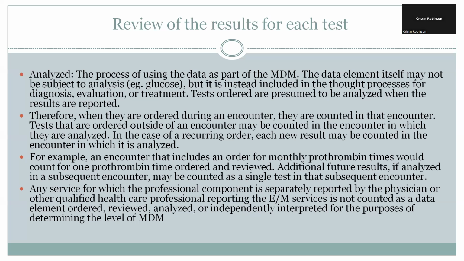For example, an encounter includes an order for monthly prothrombin times, which would count for one prothrombin time ordered and reviewed. Additional future results, if analyzed in a subsequent encounter, may be counted as a single test in that subsequent encounter.